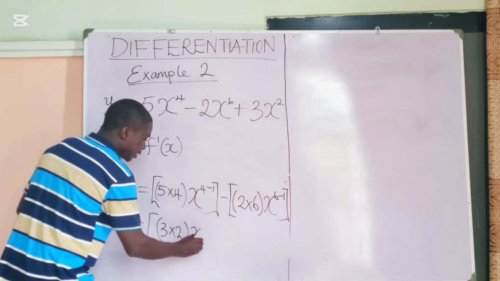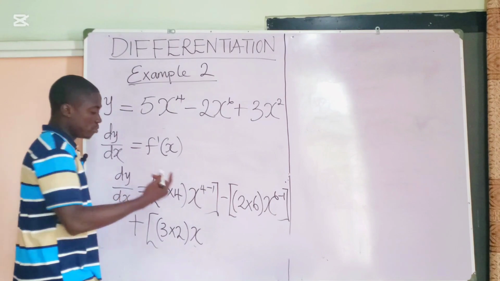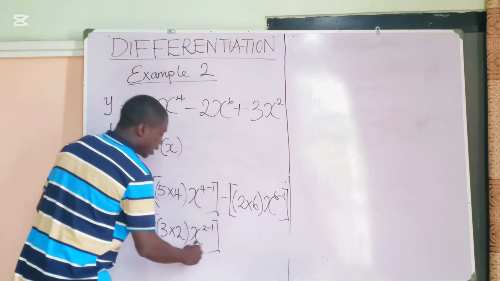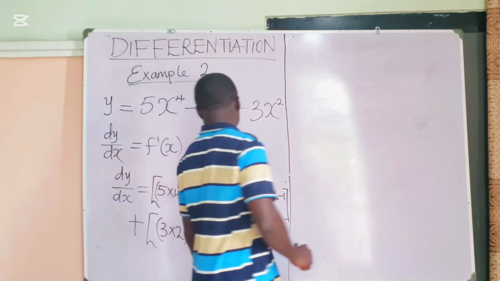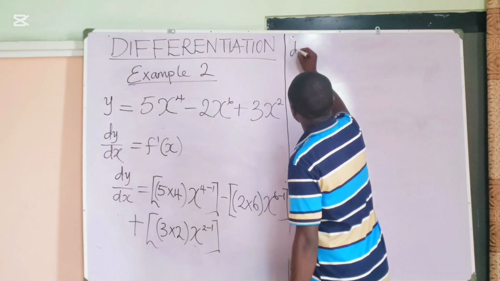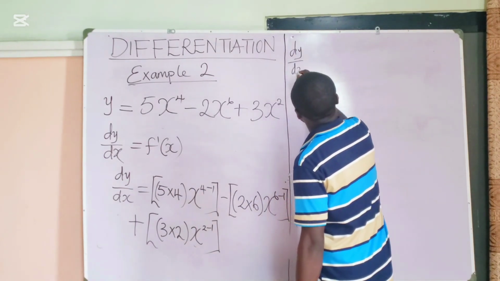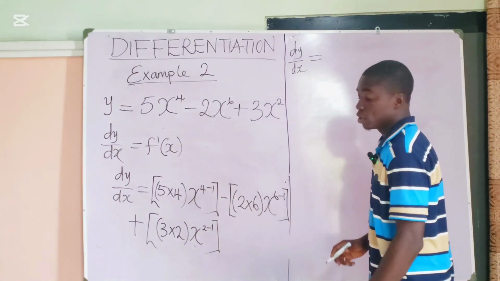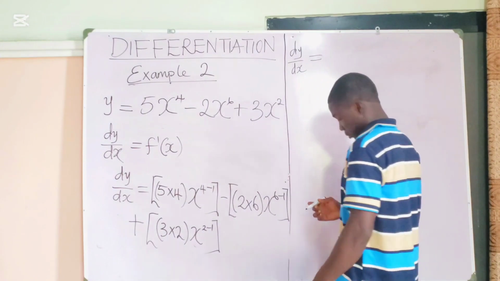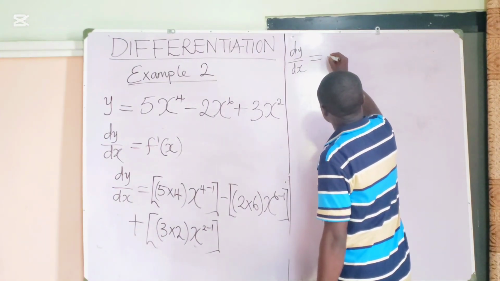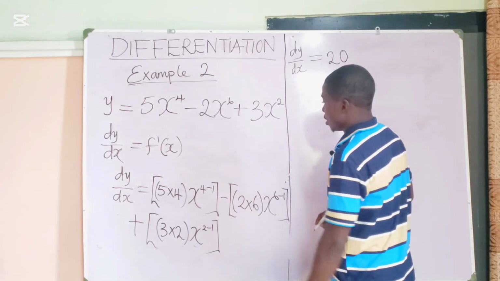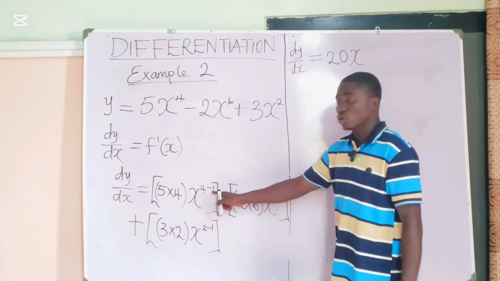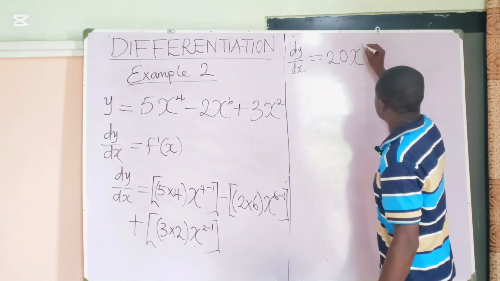You attach x, subtract 1 from 2. So we have 2 minus 1. You close the bracket. So dy all over dx is equal to 5 multiplied by 4 gives us 20. So we have here 20, and then you attach x raised to power 4 minus 1 is 3. So we have 3 here.